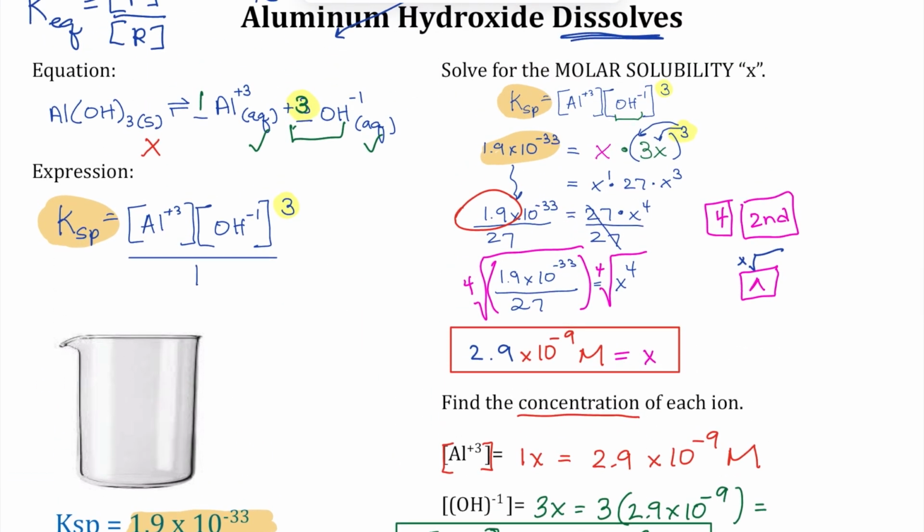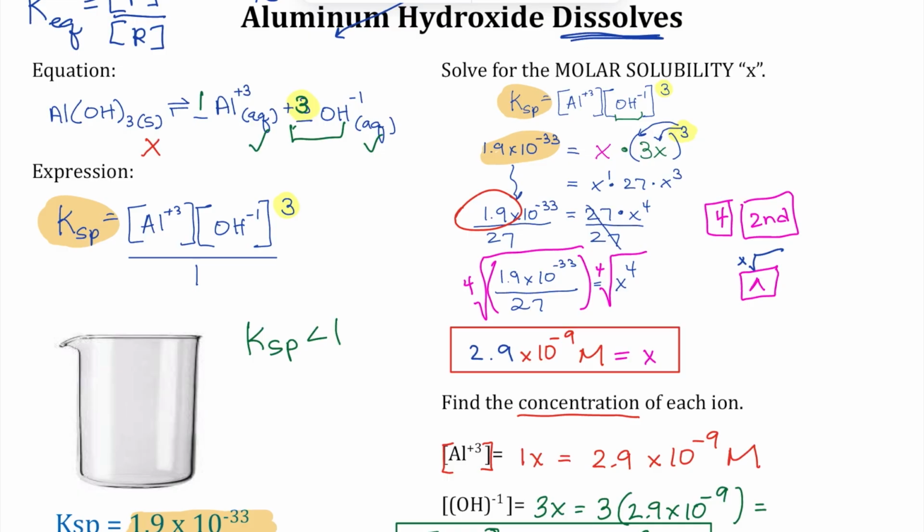All right, so it is a lot of work with that solving of our equation, but the process stays the same. If we look at how we can model this, well, our Ksp value is less than 1. That means that the number on the top is smaller, and so we're going to have more of our reactants.